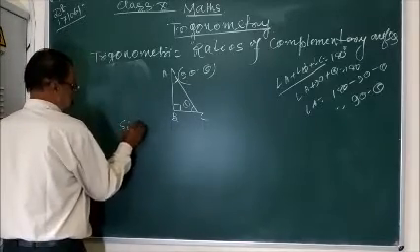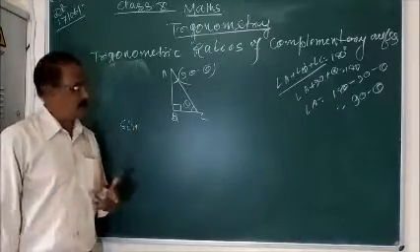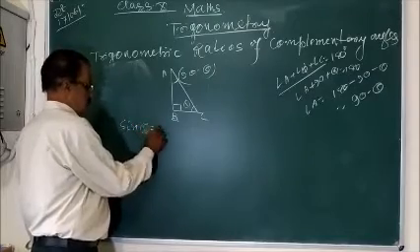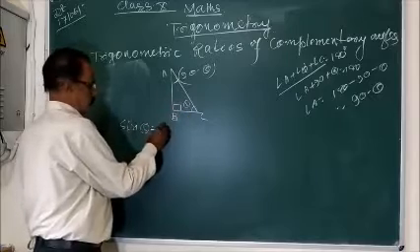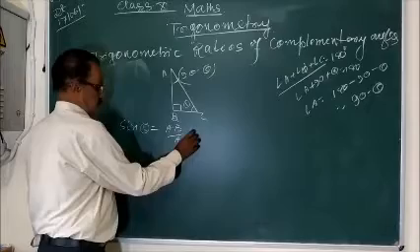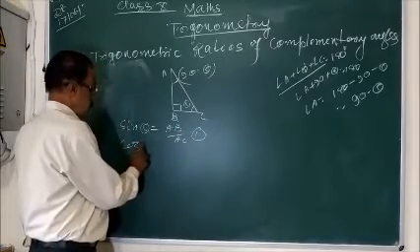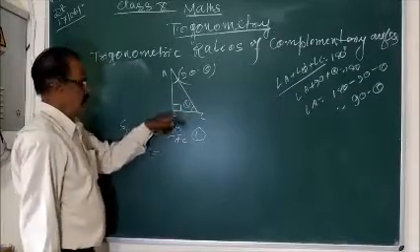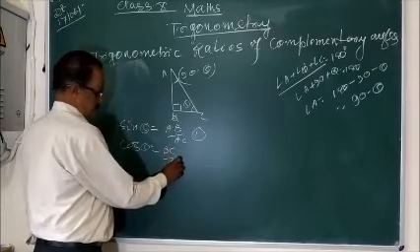Now you see, we have already explained there are 6 trigonometric ratios. Sin theta is perpendicular upon hypotenuse. So this will be AB by AC. For the time being, suppose this is 1. Cos theta is B by H, and base here is BC by AC.